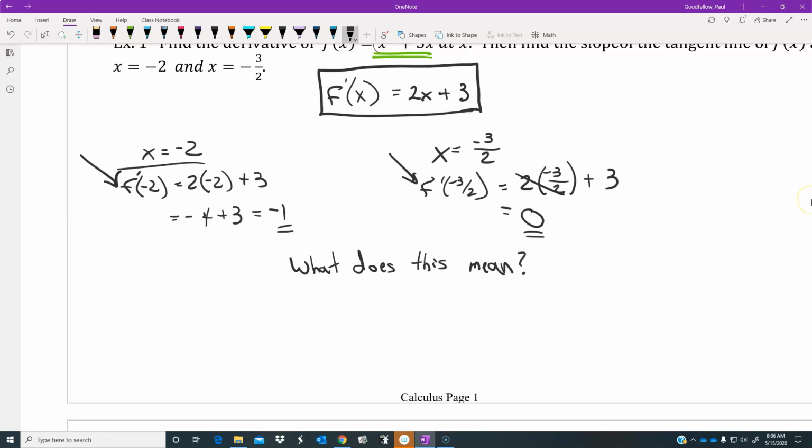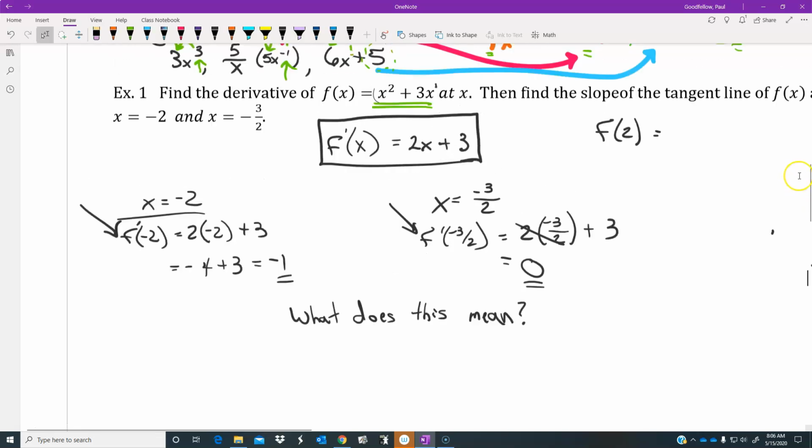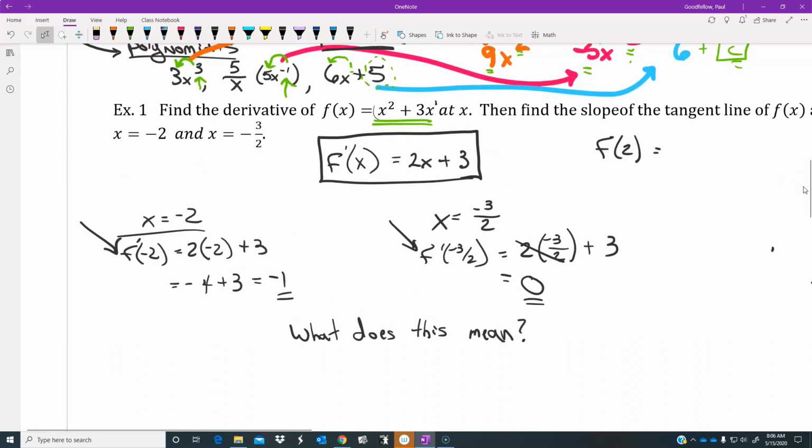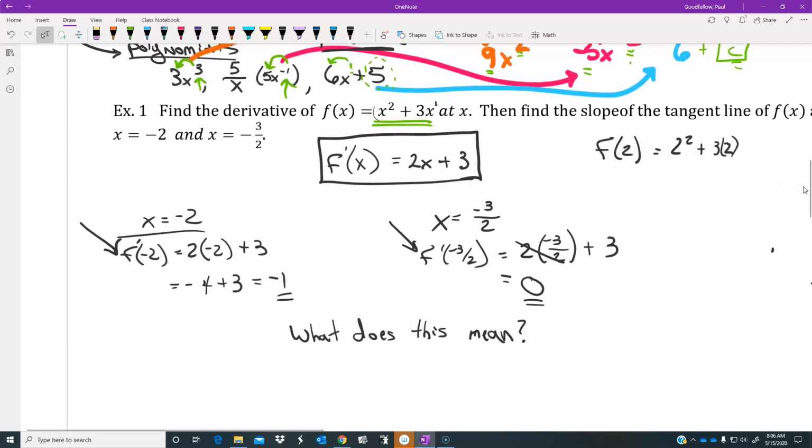If I was just finding f of 2, I'd be plugging it into the original function, and I'd get 2 squared plus 3 times 2, which is 4 plus 6, or the number 10.